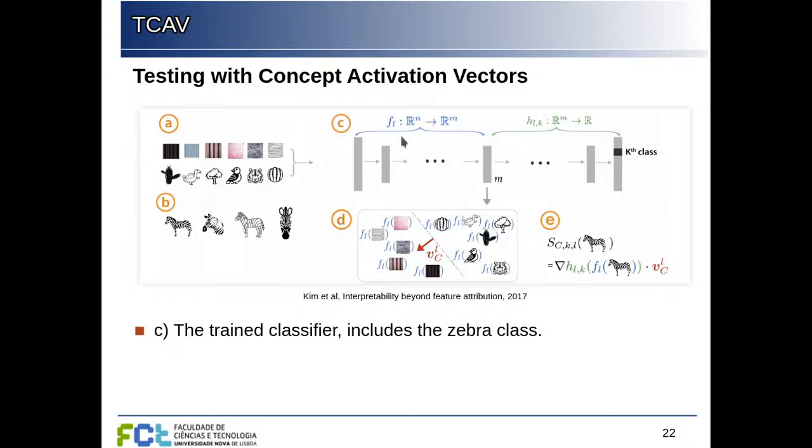So the way we're going to do that is to use these examples that we selected, the ones that specify the concept we want and distinguish it from the absence of that concept. So this is stripe pattern, this is everything else.